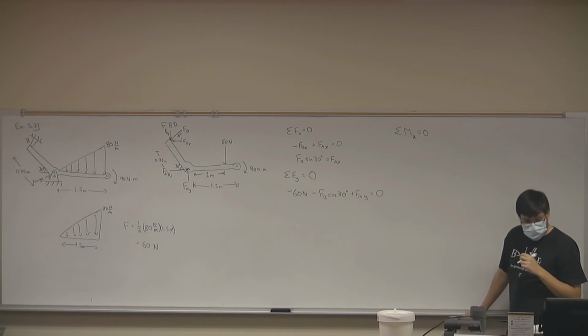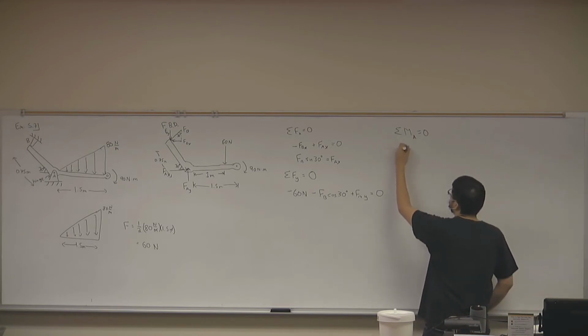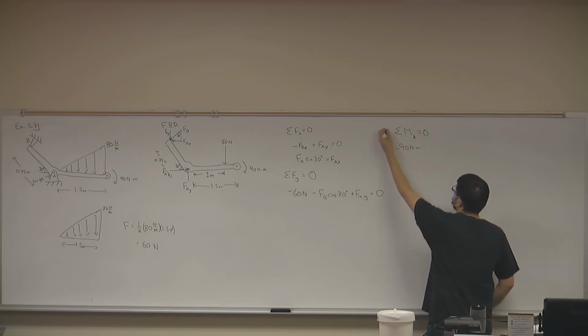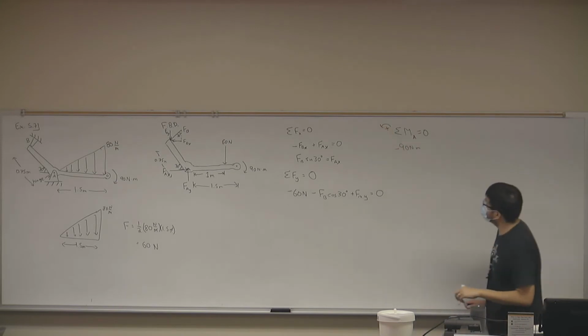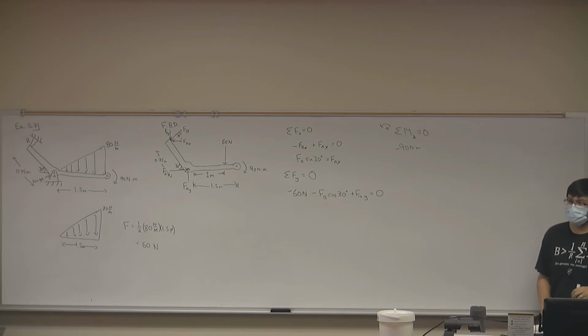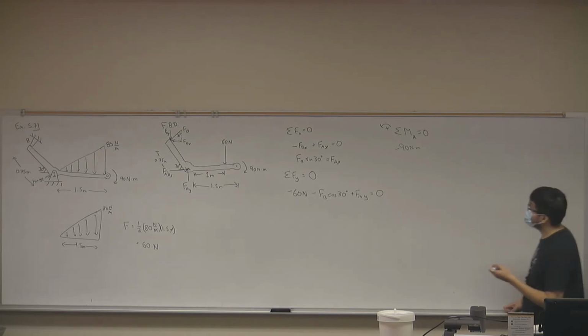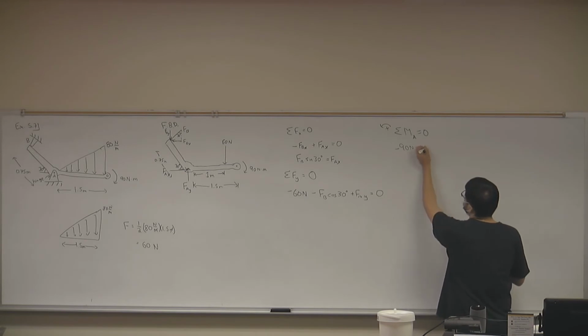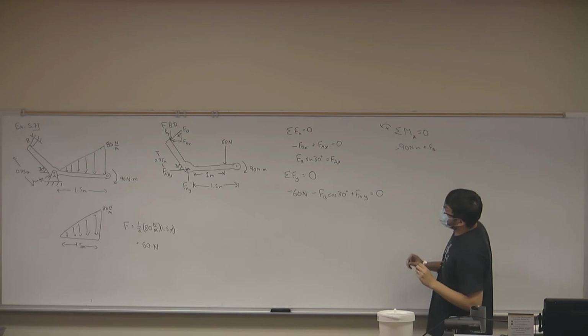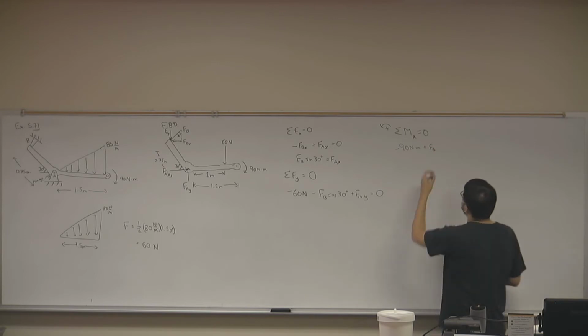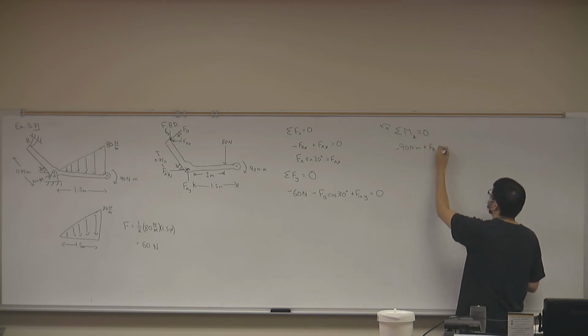So we have a 90 newton meter moment in the negative direction, plus FB times 0.75 meters. Is the 90 newton meter moment on a certain point in the body?